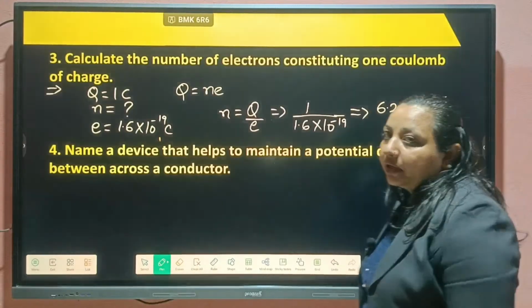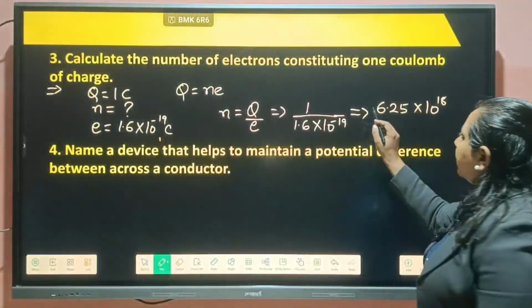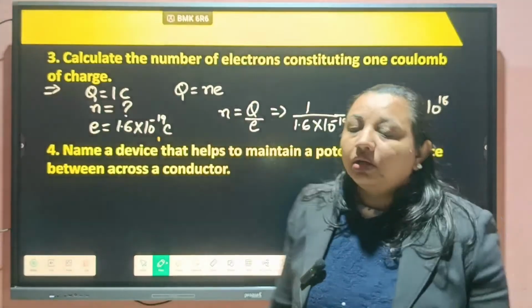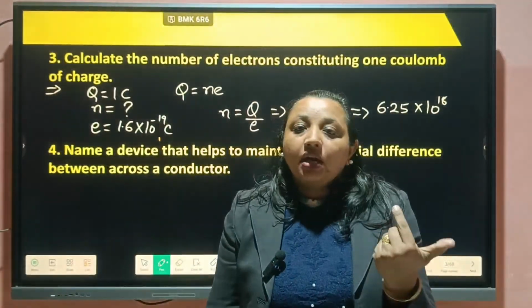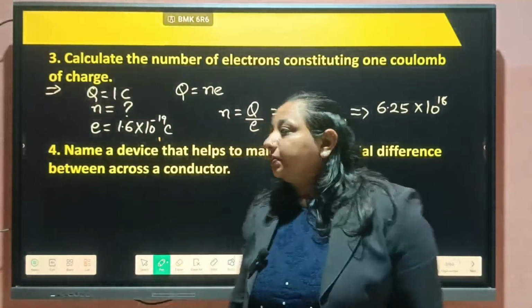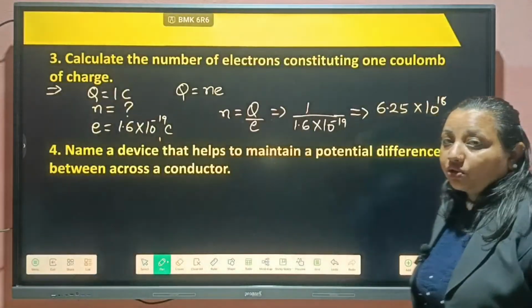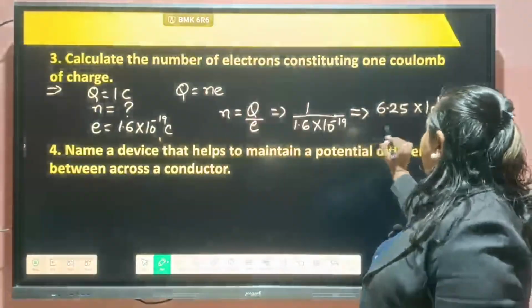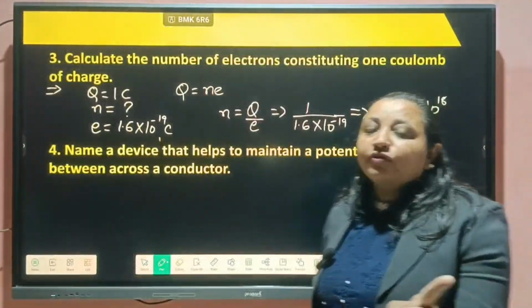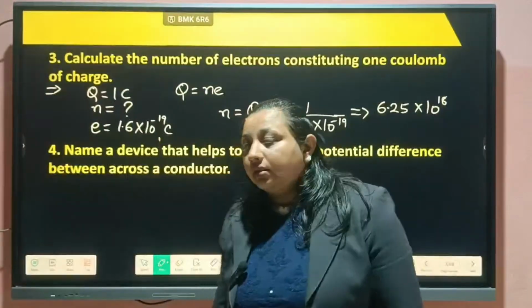When it goes up, it will be positive. Here you can also write 0.625, but into 10 raised to the power plus 19. If we write 6.25, then it is 10 raised to the power 18. So this is n. This many electrons will flow in 1 coulomb of charge, right?